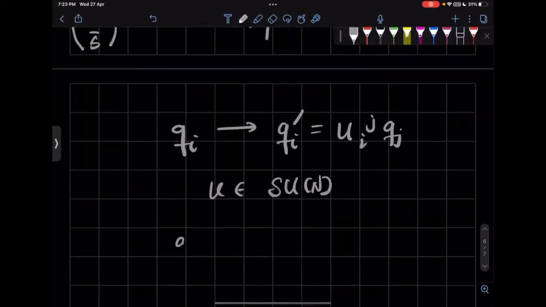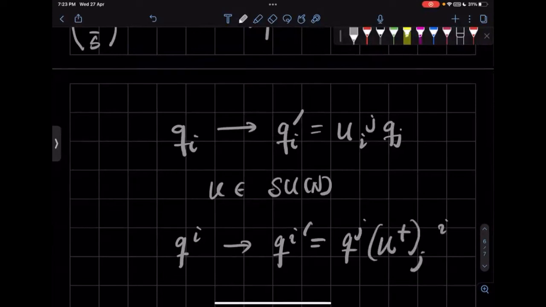And then QI upstairs should transform like QJ upstairs, U dagger of JI. Okay, so these are the dagger of these matrices.